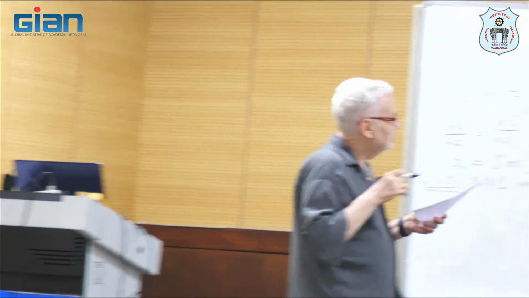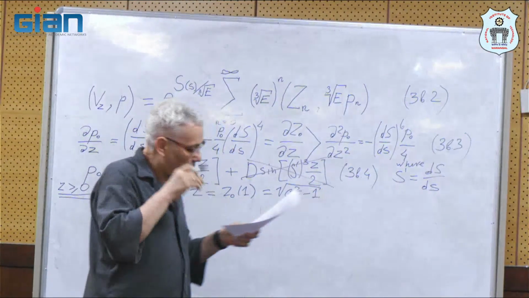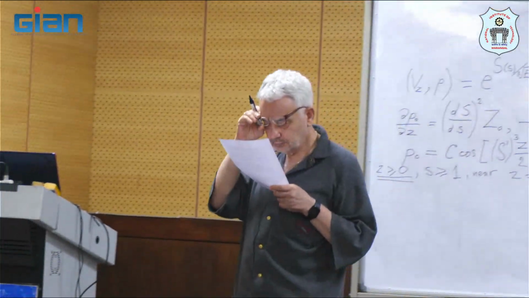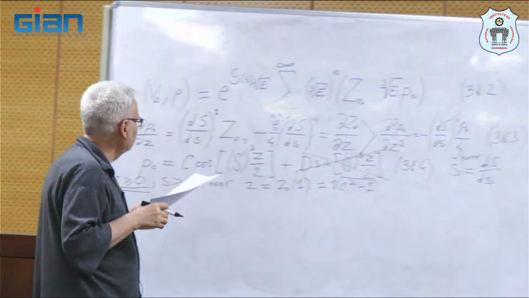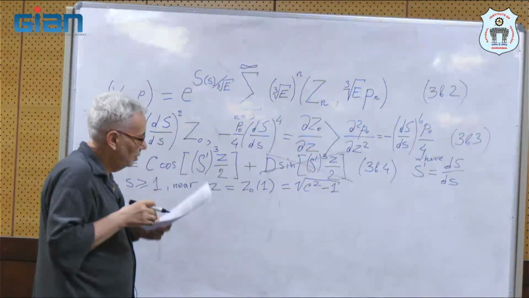So here the vertical component of the velocity described in formula 3, by the function z naught, this function.